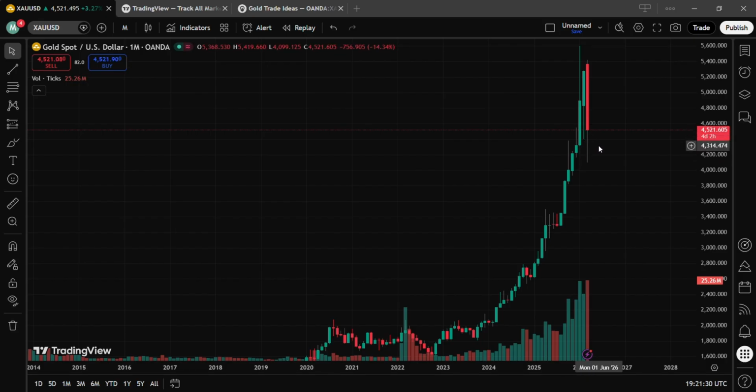So for the fact that the month hasn't ended, you wouldn't say this is a rejection candle, even though it's showing us a bearish engulfing, this red candle covering this one. But anything can happen in a day, gold spikes. So the remaining days can push this candle back up, forming an uptrend again. So that's why I wouldn't regard this one as anything. I wouldn't consider it. But so far so good.